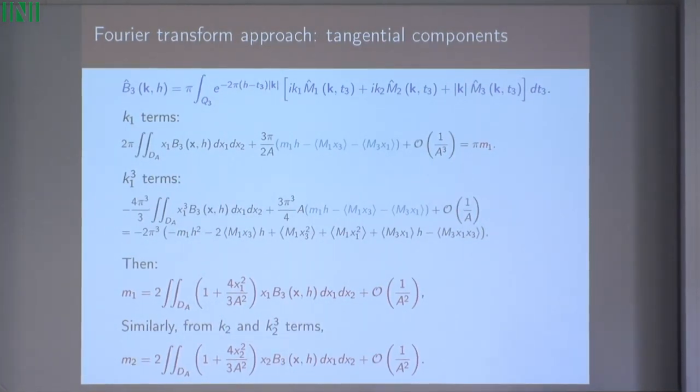They are unknown, and here we can also expand to higher powers in k, and in particular, taking k2 equals 0 and looking at the difference in neighborhoods of different size of the origin of k1 equal 0, we can generate equations which would also produce an explicit formula for m1 in terms of the integral of b3. And similarly, of course, you can do it for m2 operating with k2 terms.